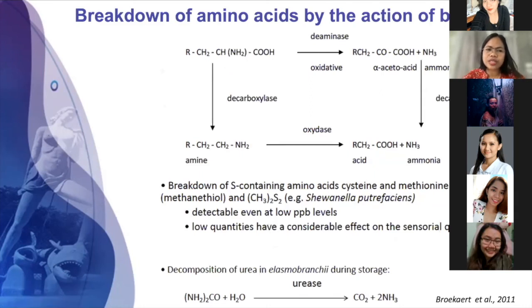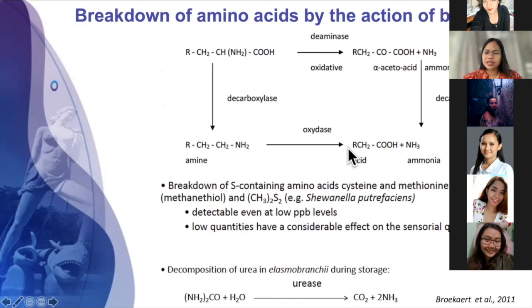So this slide shows the breakdown of amino acids by the action of bacteria. So pag amino acids, we know that proteins and amino acids are the substrate. So these are the enzymes responsible for the breakdown of amino acids. So may involved na deaminase and also the carboxylase, that leads to the production of ammonia.